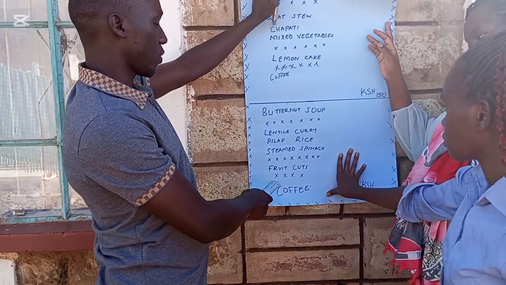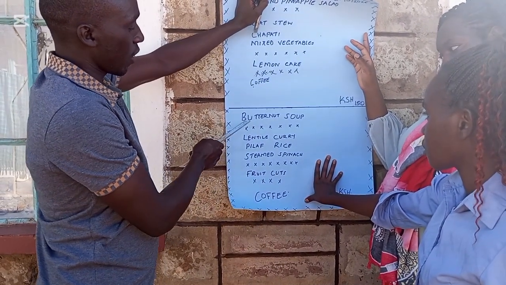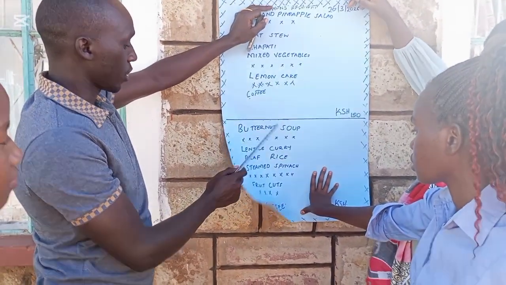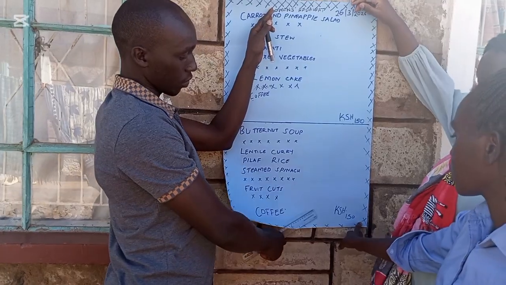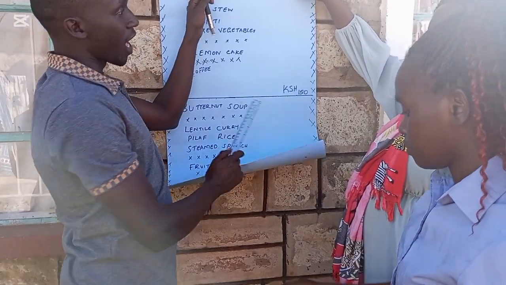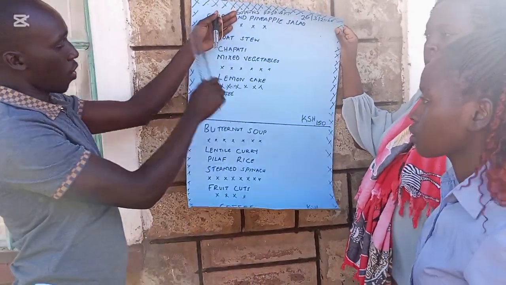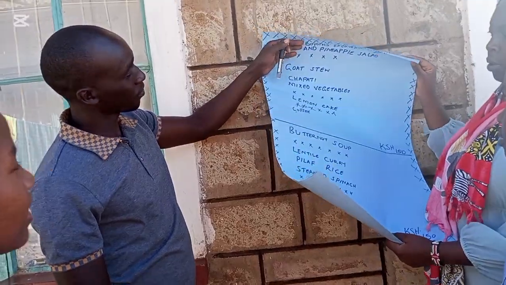For our dessert, we included a fruit cut. Since our starter was hot, our dessert will be cold. Lastly, we end with a coffee and a total of 150 shillings, as our teacher had taught us. Wow, you've really done good work.